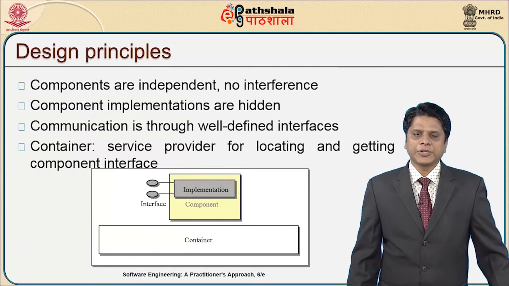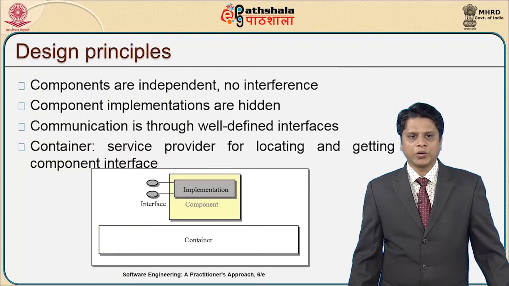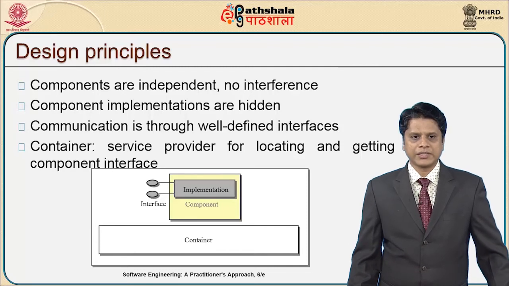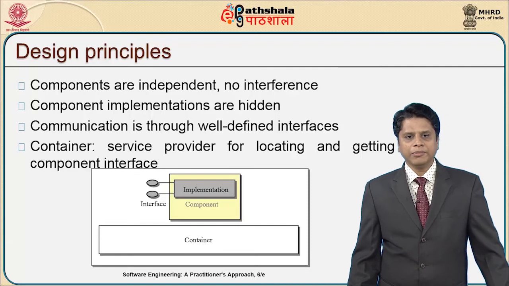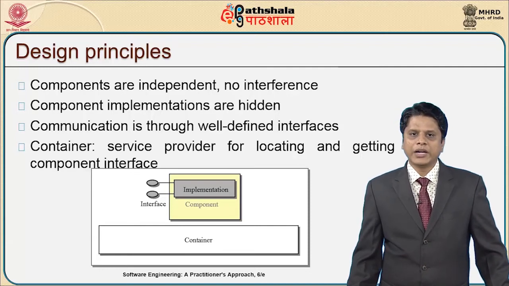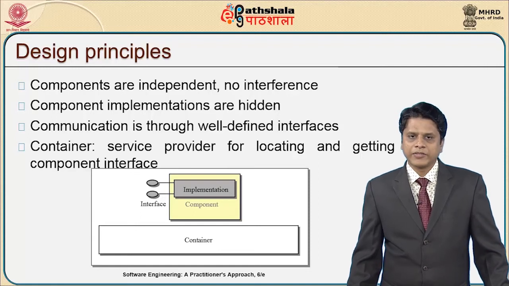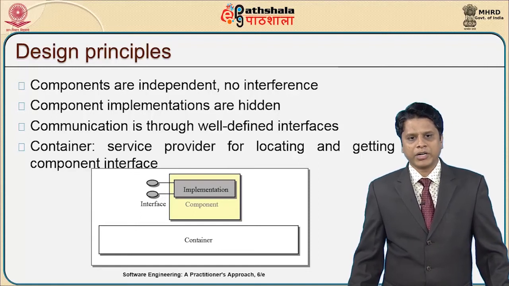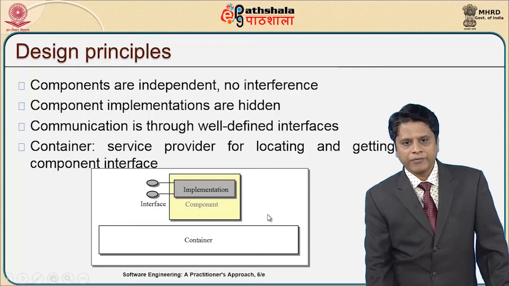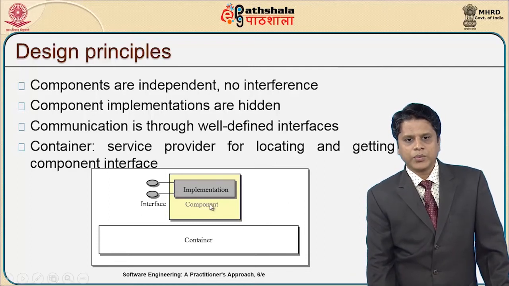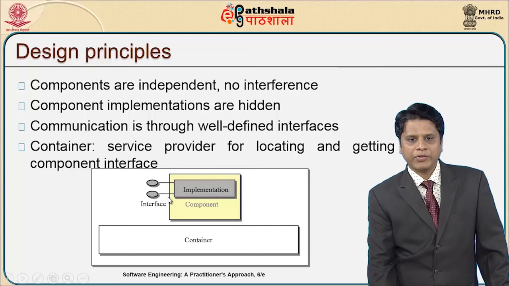Some of the design principles of component based software engineering include: components are independent and have no interfaces. Component implementations are purely hidden. Communication is through well defined interfaces. It contains a container, a service provider for locating and getting component interfaces. Say for example, here we have a clear component which is about to be implemented, and we have interfaces which are connected to it.